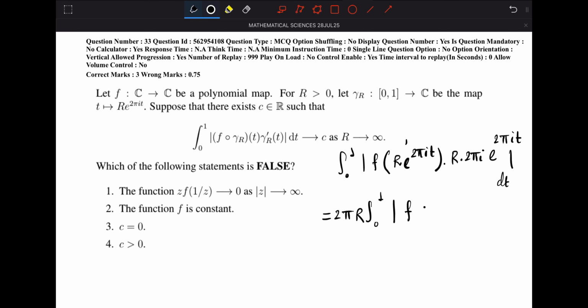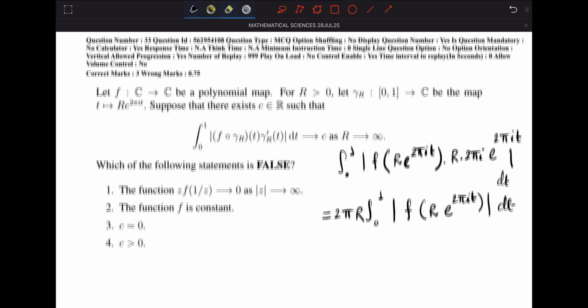So the integral is of f of r e to the power 2πit dt.